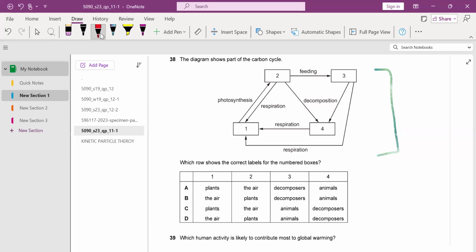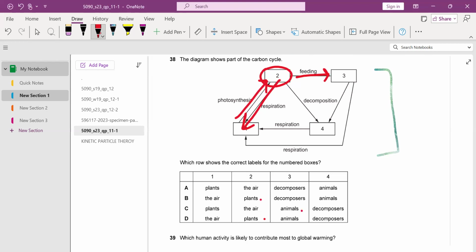So let's have a look at the diagram first. 2 would be the plants, as the photosynthesis process occurs, and the respiration comes to here, and they are being fed by the animals. 3 would be animals and 2 plants.